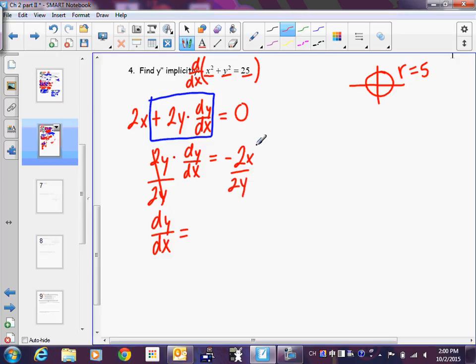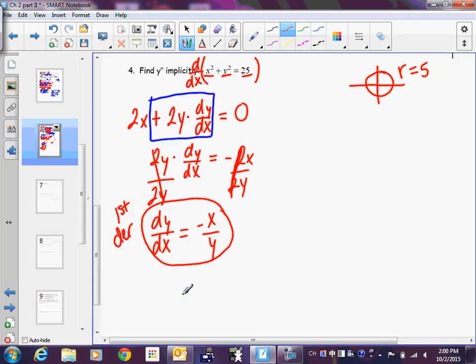So what's the easy thing to do to simplify this? The 2's. Now, I couldn't do this if I was adding or subtracting numbers after. I can only do it because it's a simple negative 2x over 2y. So this right here, I'm going to circle this. It's not my final answer, but this is my first derivative.